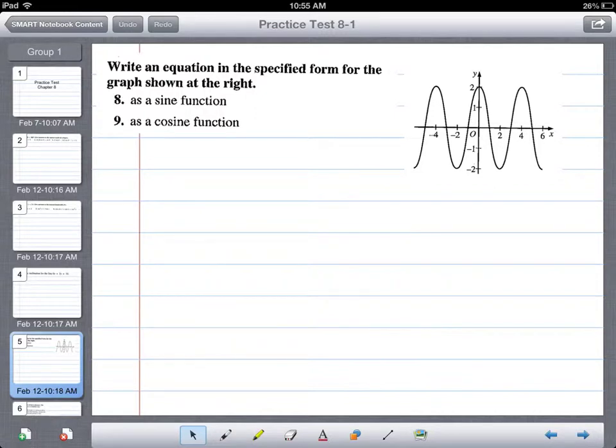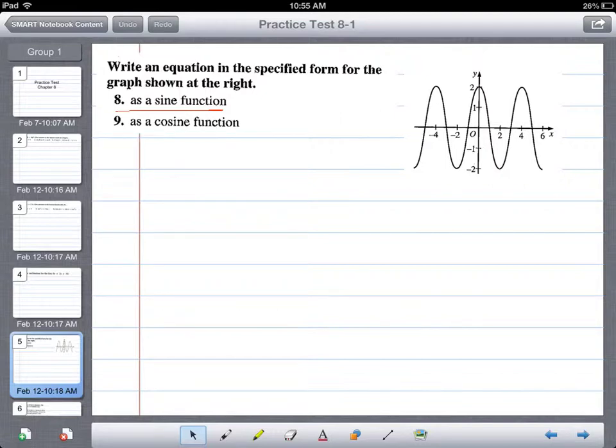I hope you had plenty of practice with the sine and cosine functions as far as graphing them. In this case, we're supposed to write an equation in the specified form for the graph shown at the right. First of all, let's write this as a sine function. Sine and cosine look really similar. It just depends on where we start our sine curve or cosine curve.